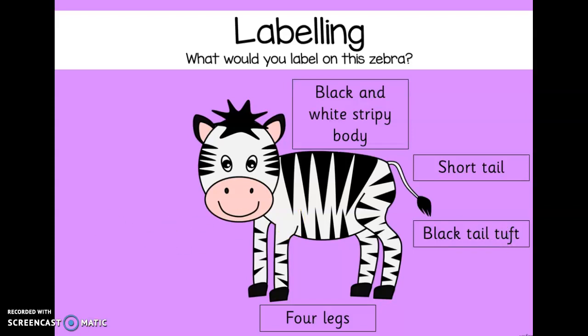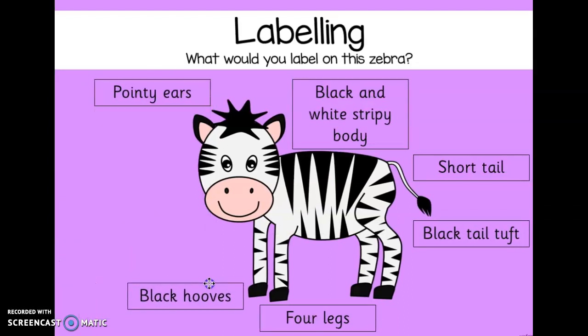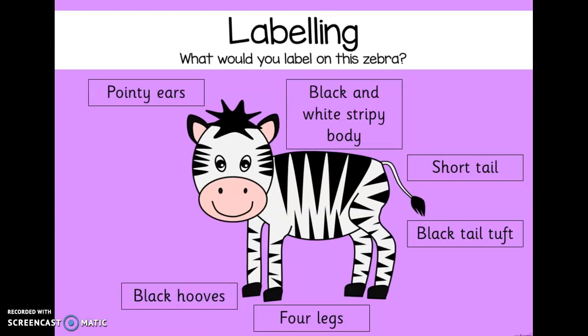Then the next one is pointy ears that go up here, and we've got black hooves at the end of the zebra's legs. And then going down the side of the zebra, I know this is called the zebra's mane as well. So I could have labelled the mane, I could have labelled its large eyes.